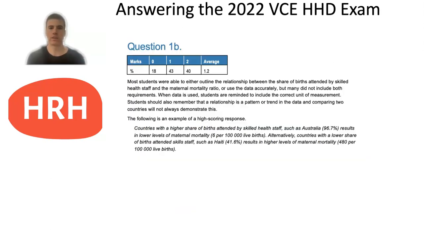So that's the relationship. And you can see here, a significant number of students was able to achieve 2 marks for this particular question. And you can see they mentioned there that if you're using data, don't forget to include the correct unit of measurement, so per 100,000 live births, particularly for maternal mortality.